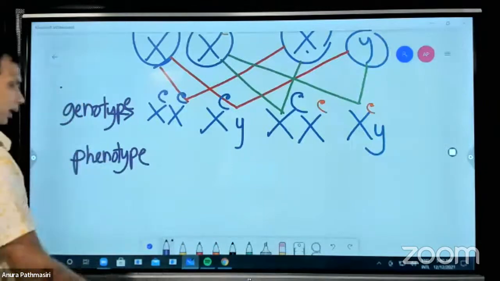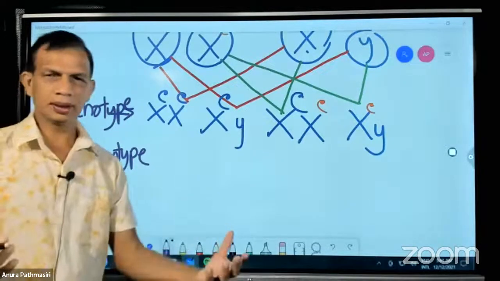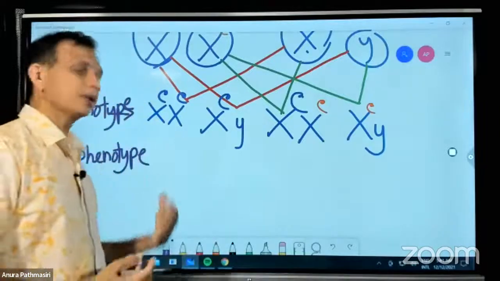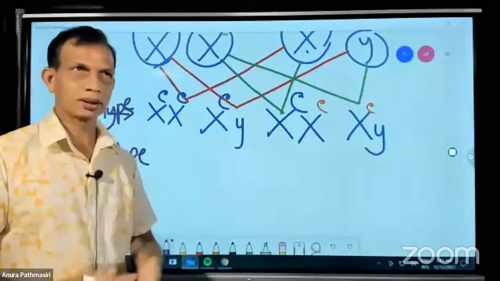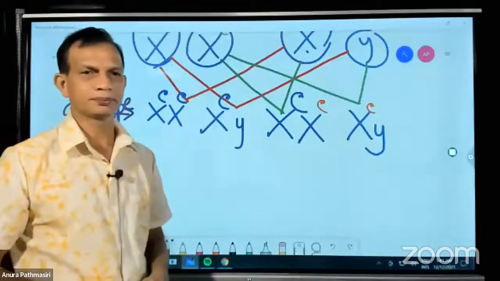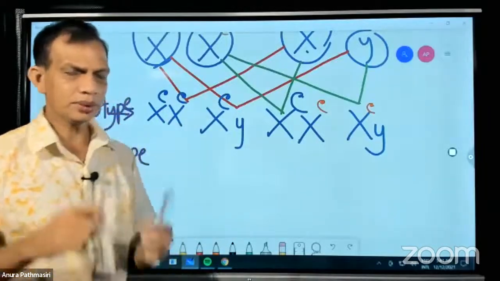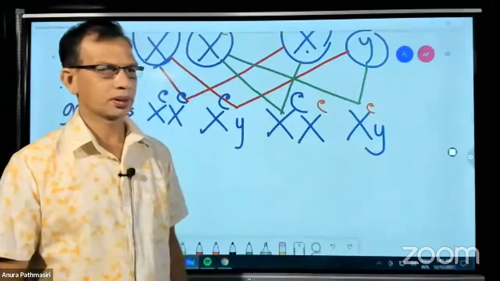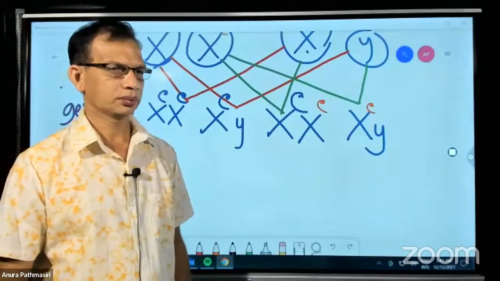Genotype, genetic type. Genetically in our body, you can't see it and I can't see it. Phenotype is what we see. That is the picture type, right? It's actually something like this. I want to show you that.